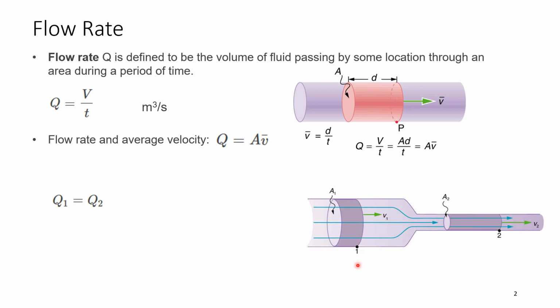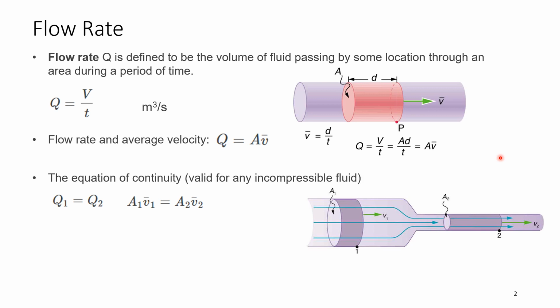That is, the flow rate must be the same at point 1 and point 2. And that is A1 average V1 equals A2 average V2. This is called the equation of continuity and is valid for any incompressible fluid, usually liquids but not gases.